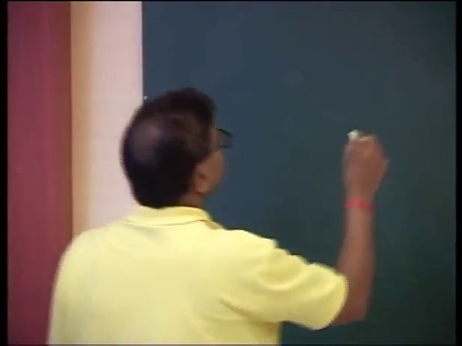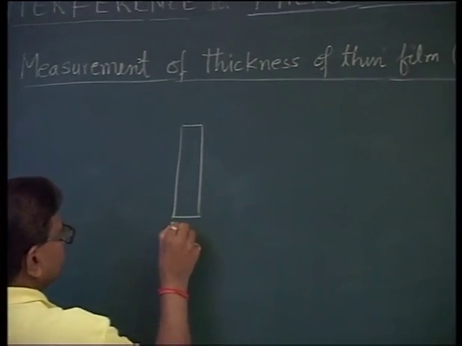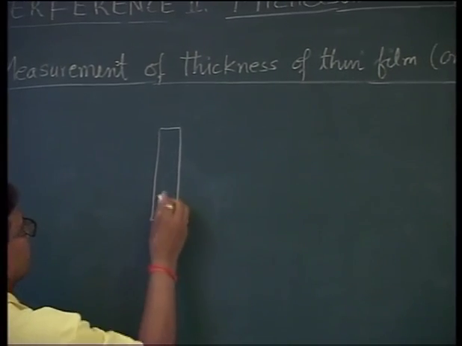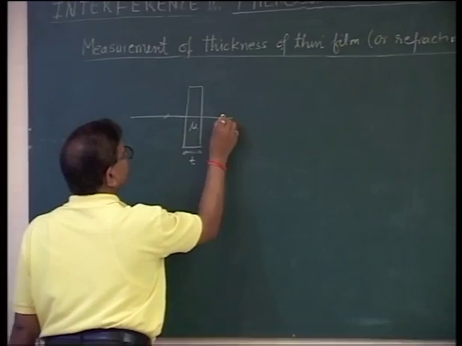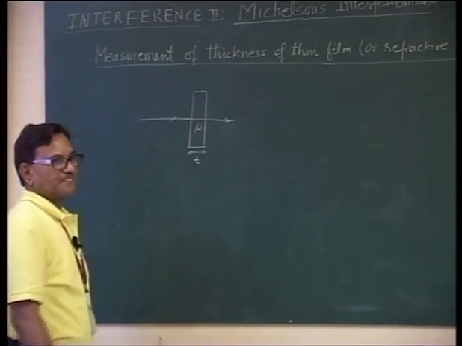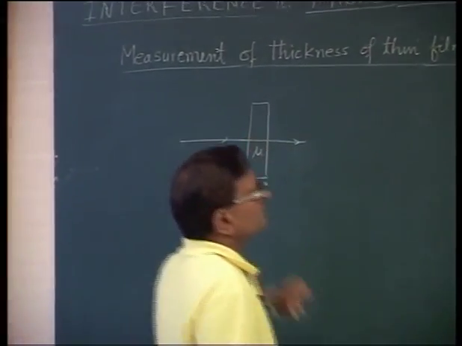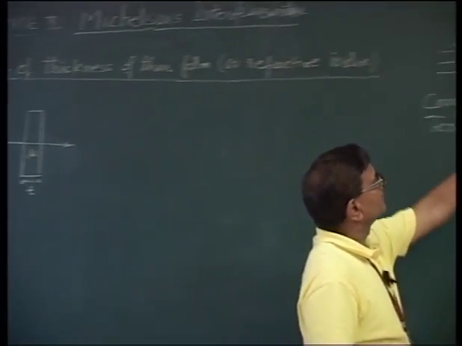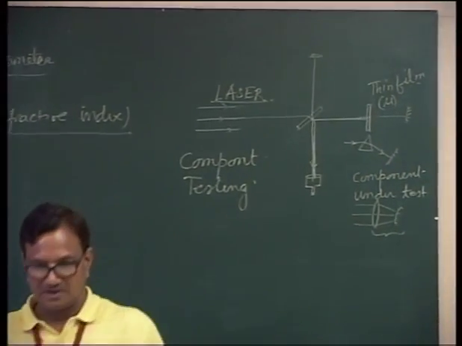Let us consider a thin film of thickness T and refractive index mu. The light is falling normally and crossing it. The important thing is we put this film into the path of one of the arms of the Michelson interferometer.